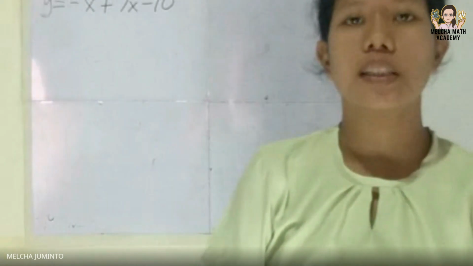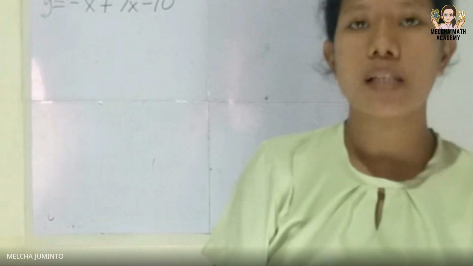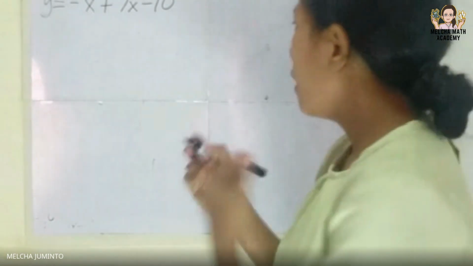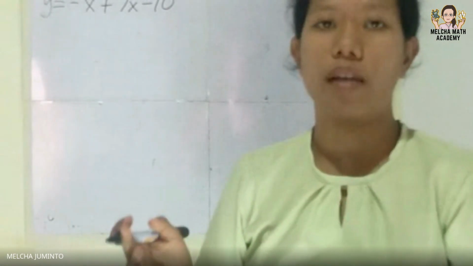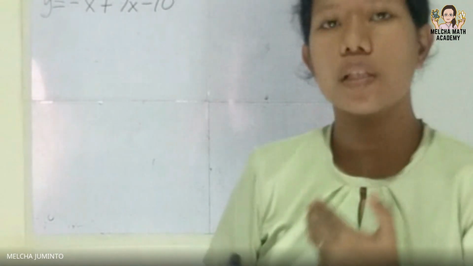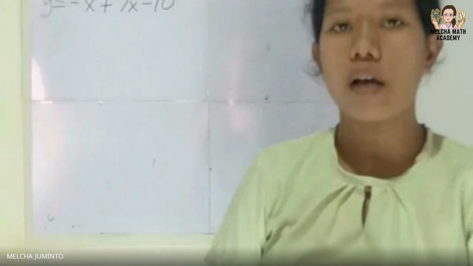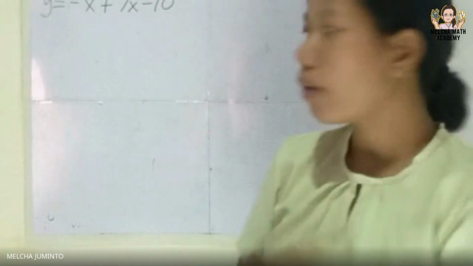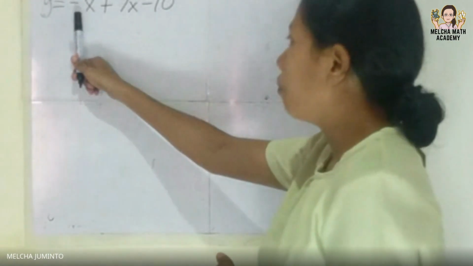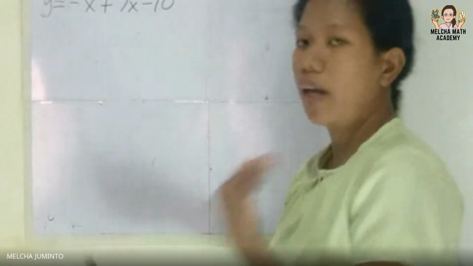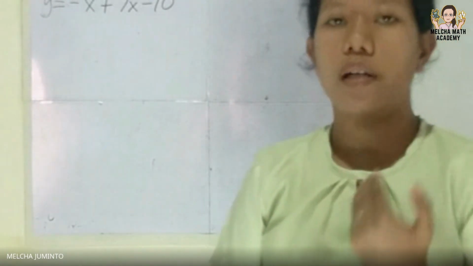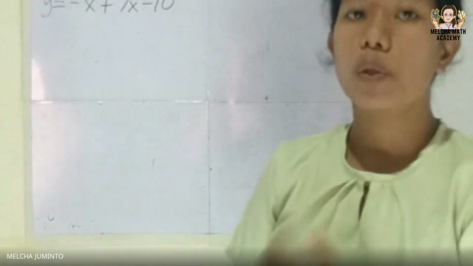With this form, we can say that this graph opens downward because the value of a is negative 1. If a is a negative number, or less than 0, the graph will open downward.